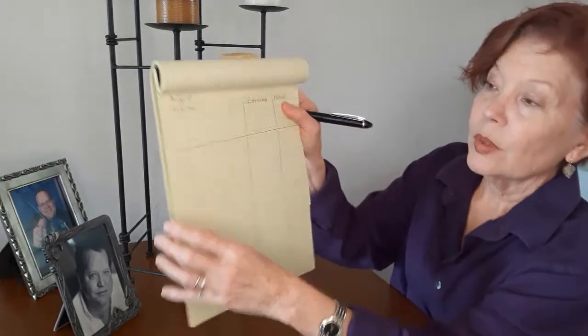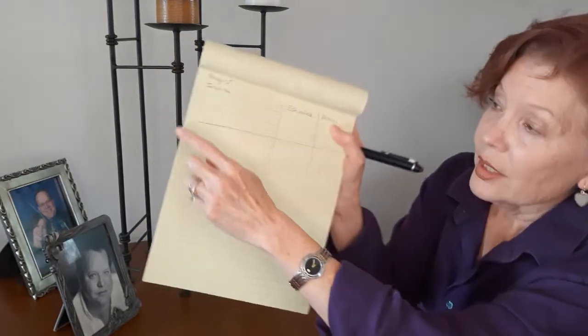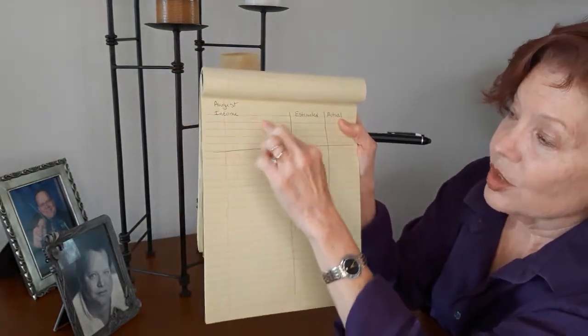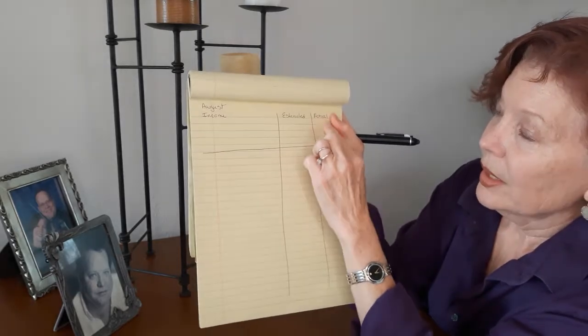And we'll do one of these for each month. Last month we did the tracking for July, so this will be August. This is the section where we're going to put the income, estimated and actual.